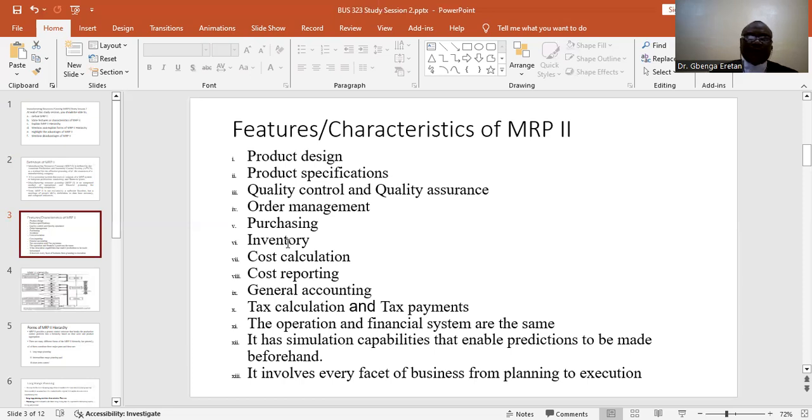And that gives room to number 9, which is the general accounting, to give record of all the total materials that are required in carrying out productive activities in the manufacturing sector. It also gives room for tax computation and tax calculation, and that is number 10, features. Number 11 is that it has a simulation capacity that enables prediction to be made beforehand. These are some of the characteristics of MRP 2.